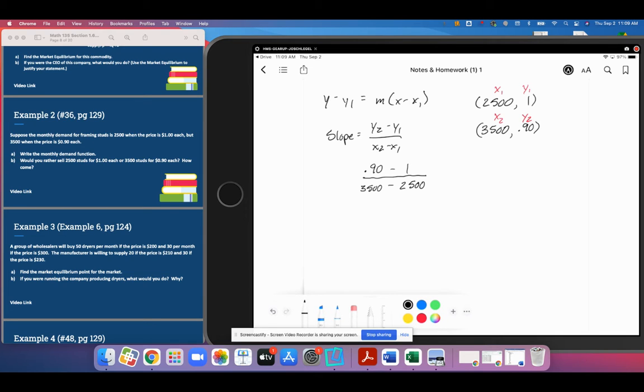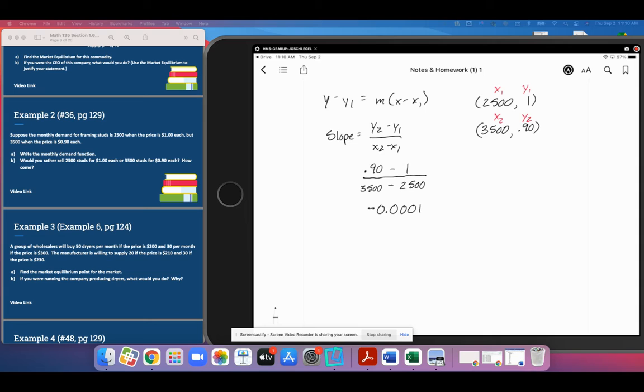So, giving that to Wolfram, everyone, what I end up coming up with, give me one moment here, we have 0.90 minus 1 divided by 3,500 minus 2,500. So giving that to Wolfram, everyone, I do get a slope of negative 0.0001.